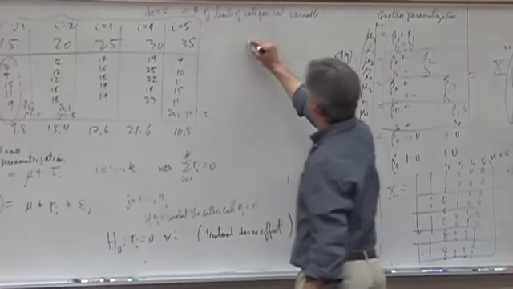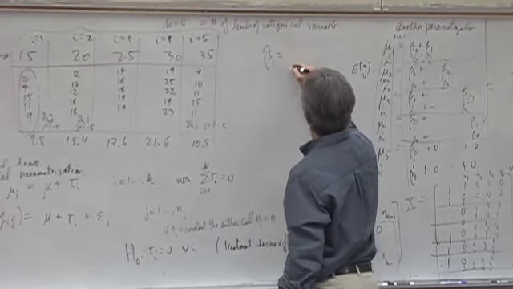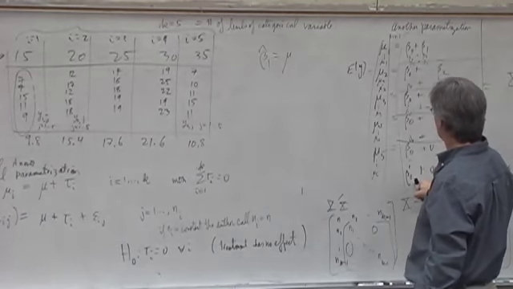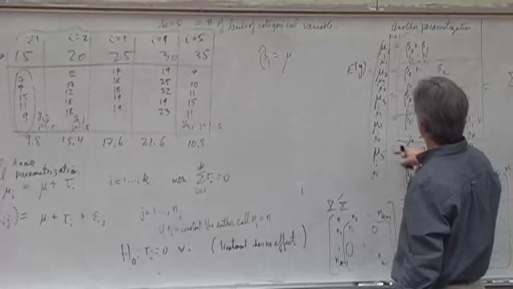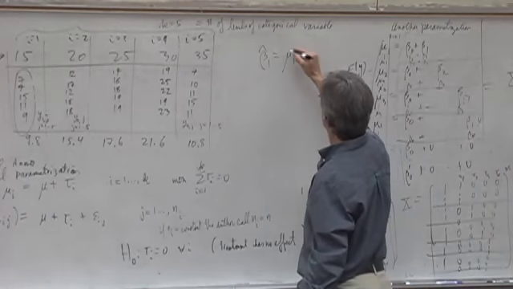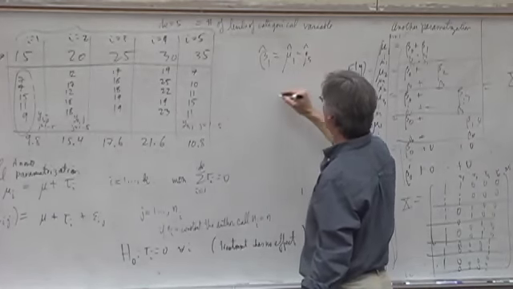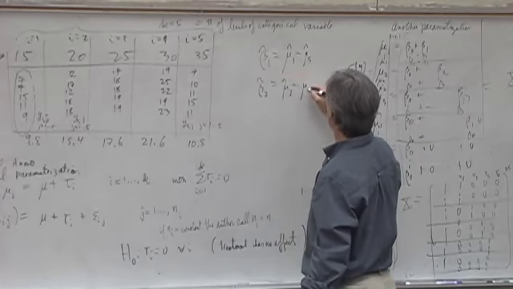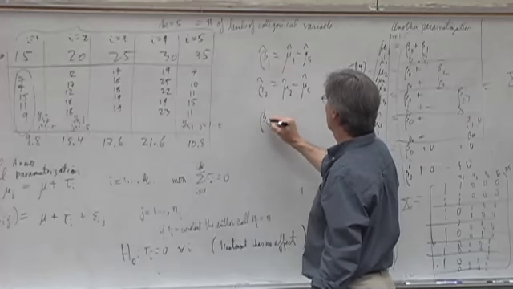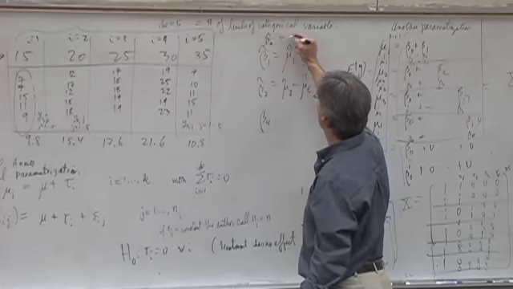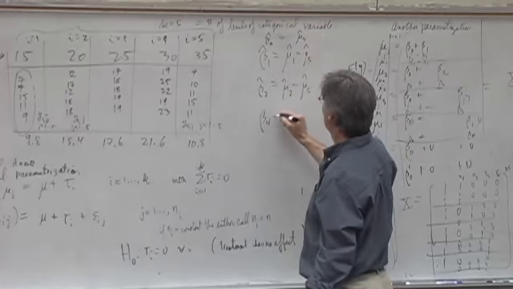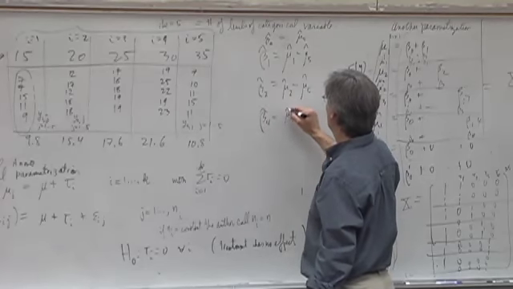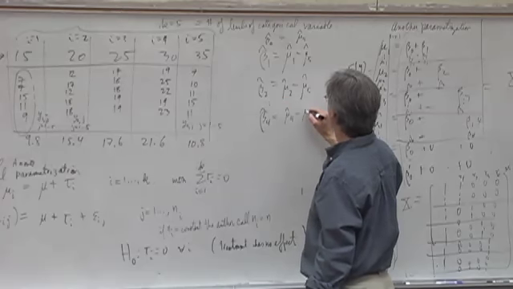Beta 1 hat is going to be mu 1 hat minus mu 5 hat. Beta 2 hat is simply going to be mu 2 hat minus mu 5 hat. Beta 0 hat is simply going to be mu 5 hat. And beta 4 hat is going to be mu 4 hat minus mu 5 hat.